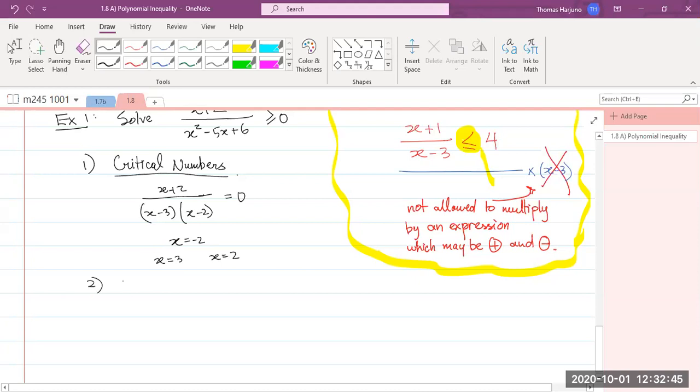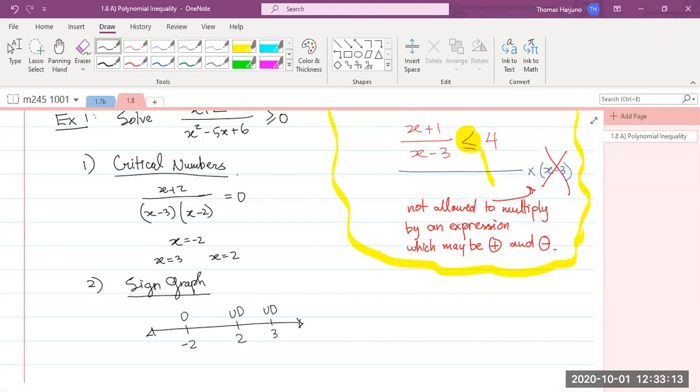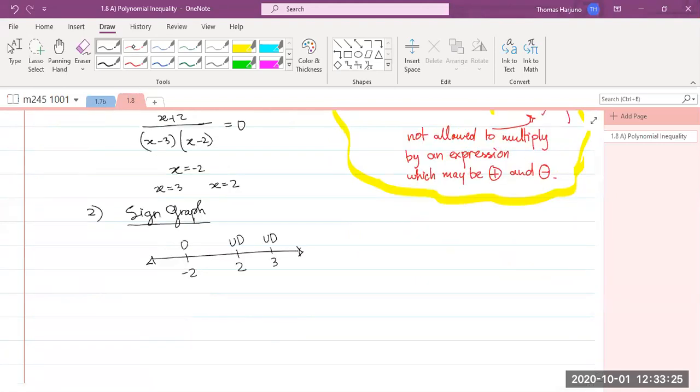Now, step 2, sign graph. We get minus 2 that makes it 0, 2 that makes it undefined, 3 that makes it undefined. Now from here we will do the same procedure, testing numbers.